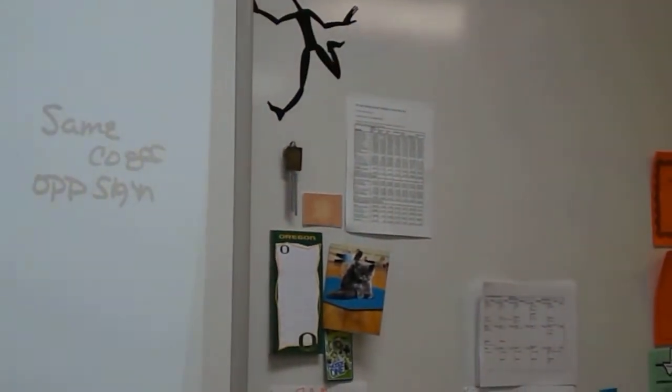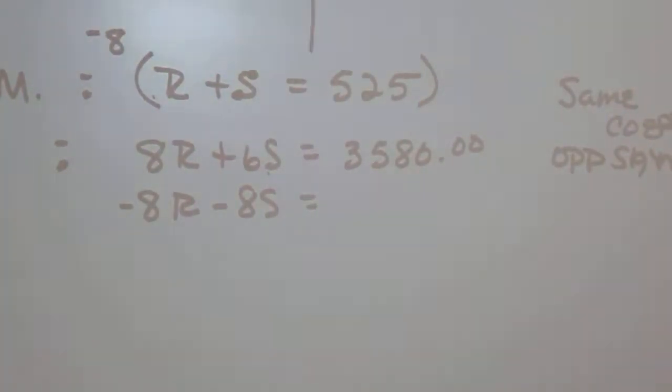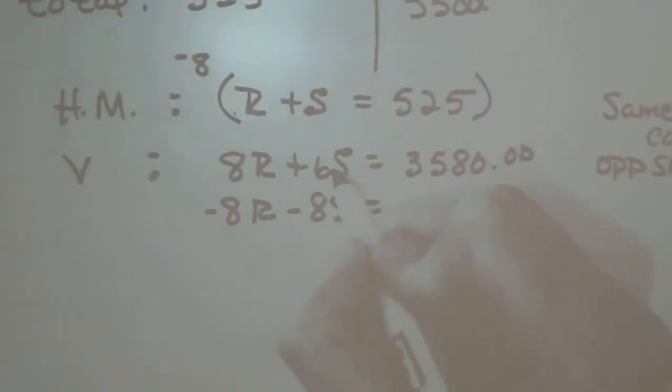Wouldn't it be -40? Where? -8 or -40? Oh, does this look like a 5? It does, doesn't it? My S's look just like 5s. It should be S. Good job. I agree with you.